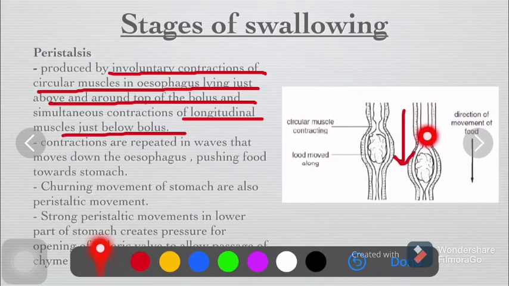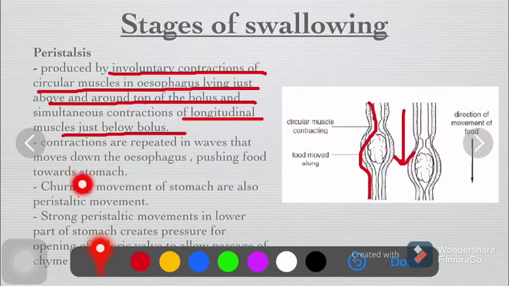Now these involuntary contractions of the circular as well as longitudinal muscles of the esophagus will create a wave-like structure which is known as peristalsis. Contractions are repeated in waves that move down the esophagus, pushing the food towards the stomach.